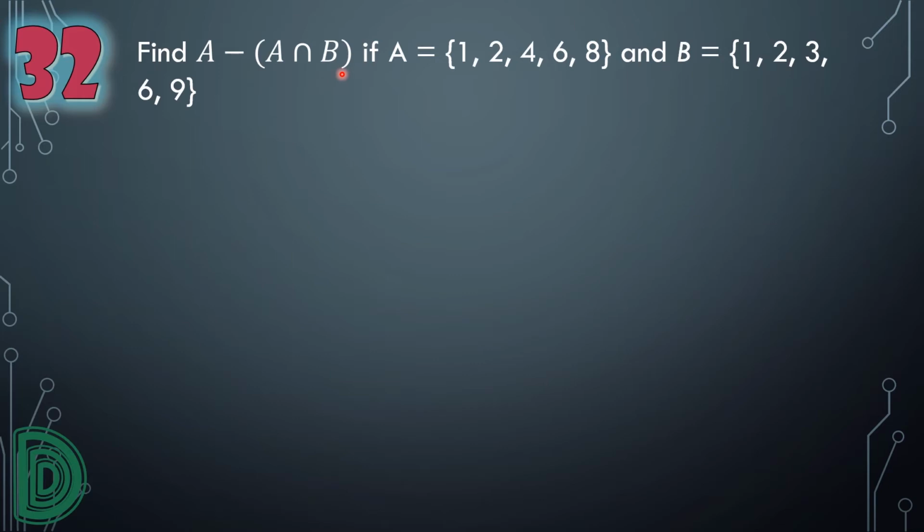The intersection of sets A and B will have the elements 1, 2, and 6. Therefore, we have A intersection B is the set with elements 1, 2, and 6.